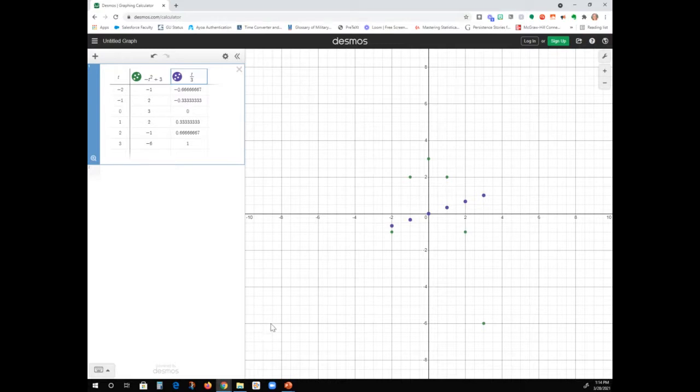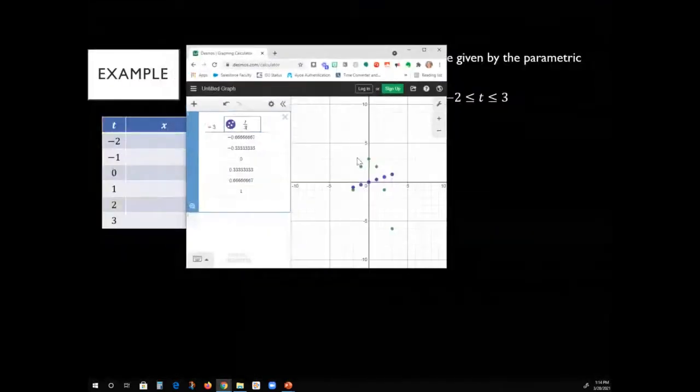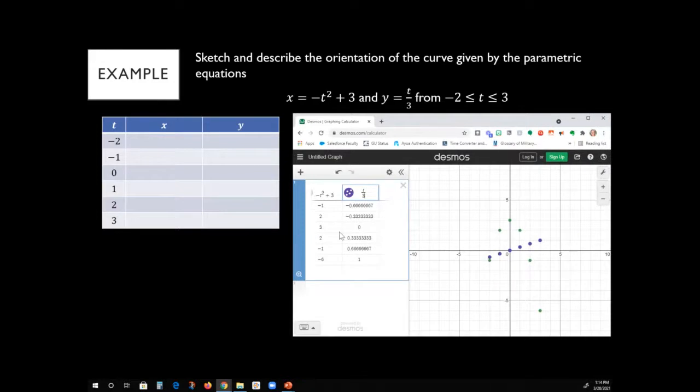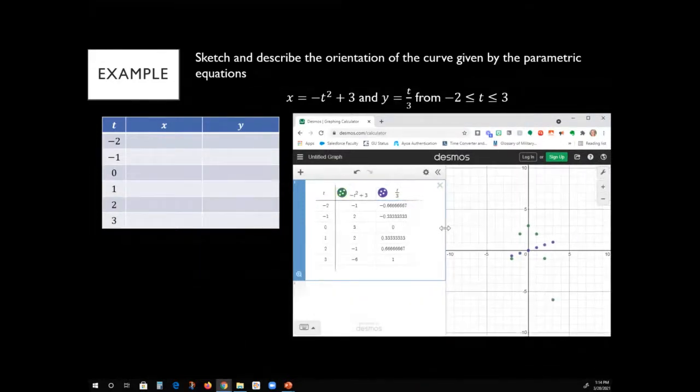Let me shrink this down so you can see it here. Ignore the graph for now because it is not graphing the parametric equation. What we're looking at is the table.